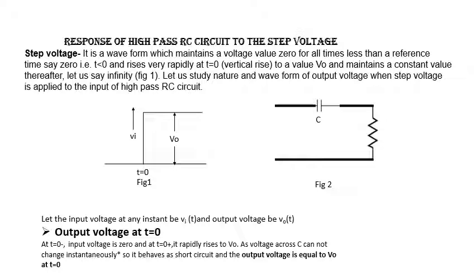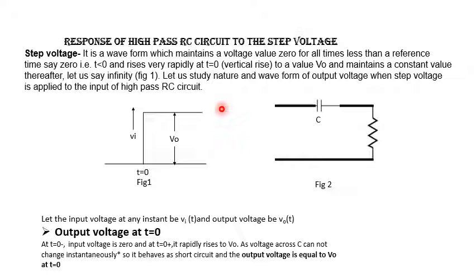In our previous lectures, we had discussed the response of high-pass RC circuit to the sinusoidal wave. As we know, if a sinusoidal wave is applied to a linear circuit, then the linear circuit does not change the shape of the sinusoidal wave.